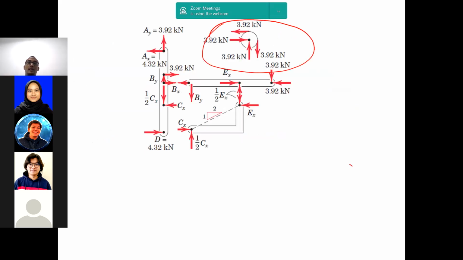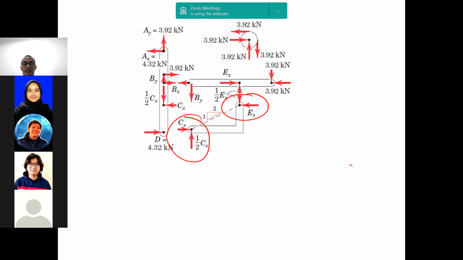Then we know that CE is a two force member. That's why we don't have to solve for that actually, as long as we know the line of action. So we don't have to draw it like this. We can just do it straightforward by drawing the line of action of CE using this particular direction.